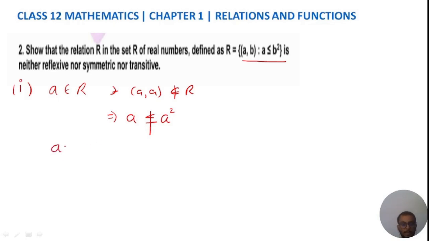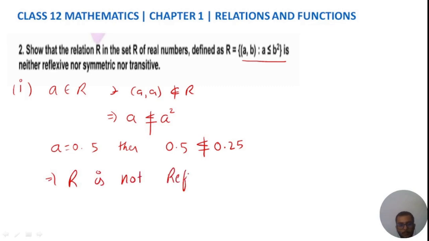Suppose I pick a equals 0.5, then 0.5 is not less than or equal to 0.5 square, which is 0.25, right? So we have found one element a for which (a, a) is not in R, which gives R is not reflexive.